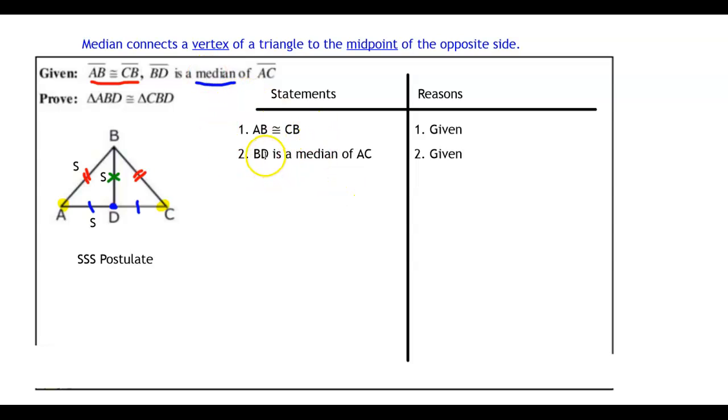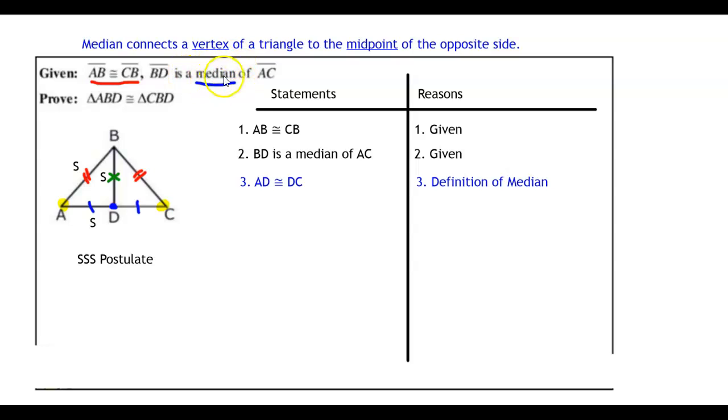Now my third statement is going to be based on this median. I know that the definition of median is that it connects a vertex to the midpoint of the opposite side, so I'm going to be able to say that AD and DC are congruent to each other because of the definition of median. I'm not going to use the definition of midpoint. Important to know that the only time you can use the definition of something is when that something is given to you or is something you have figured out or written down on the problem.